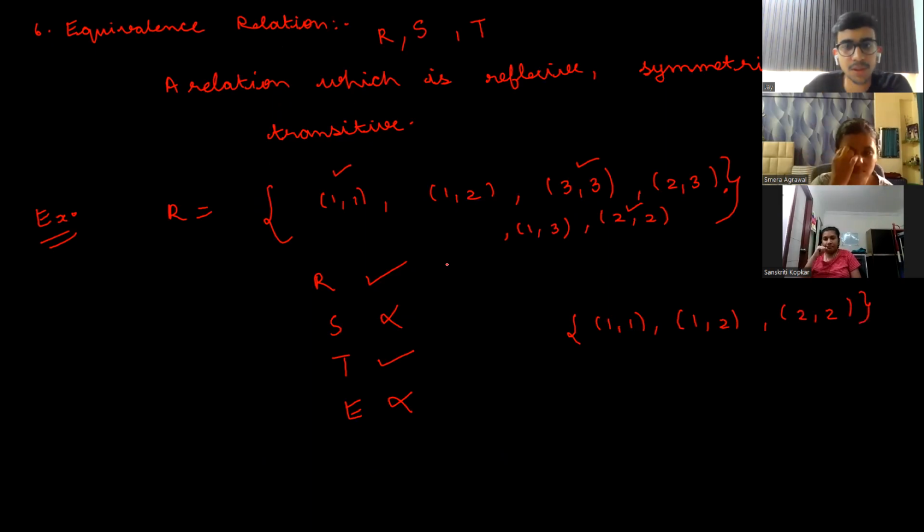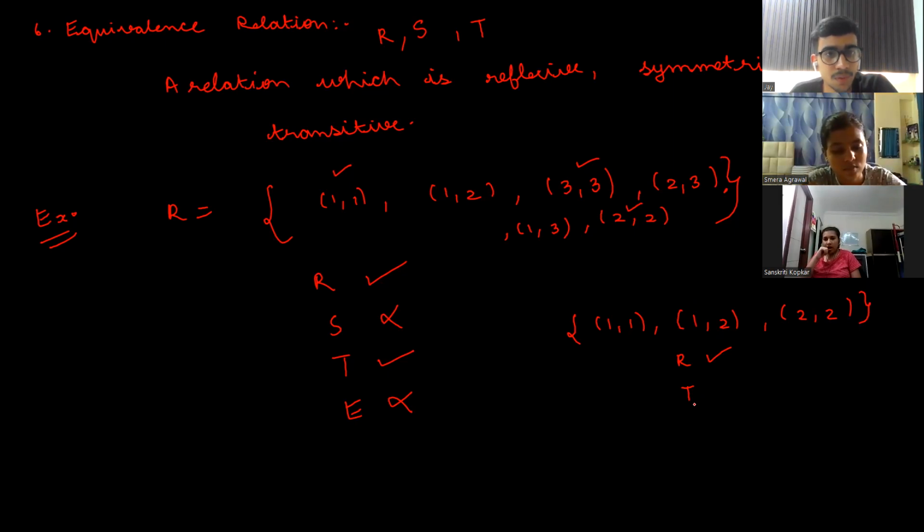So for every relation, you can determine whether it is transitive, reflexive and symmetric. So tell me, is this relation reflexive first? Yes, sir. It's reflexive, right. What about transitive? No, sir. Not transitive, because 2, 1 is not there.